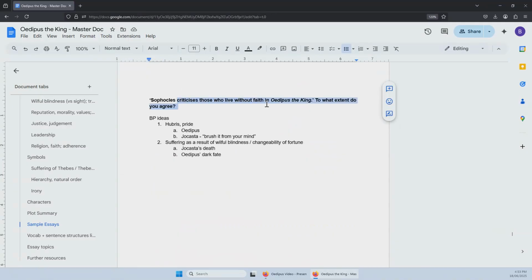Okay, and how else do we criticize those who live without faith? Perhaps you could do something about the general power of the gods, so suffering caused by the gods. And for this, you could talk about the plague in Thebes. Heaps of good quotes from the start of the text, like Black Death luxuriates in Thebes, the deaths, numberless, grief upon grief.